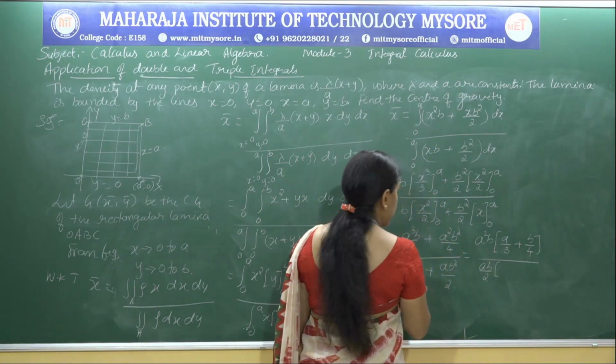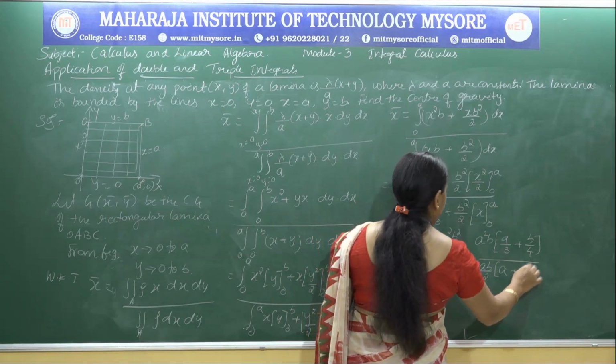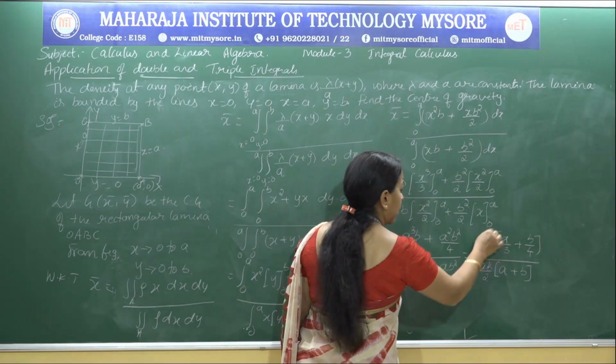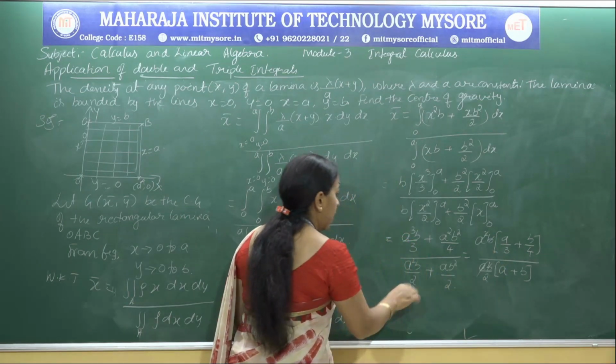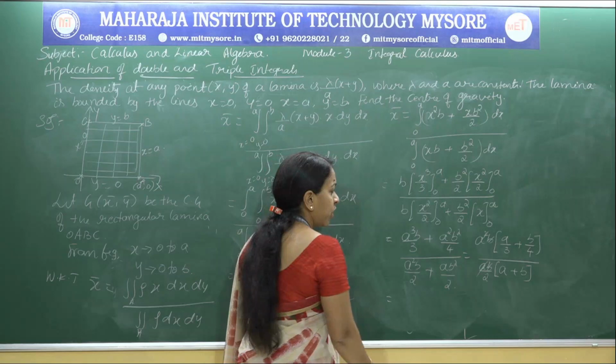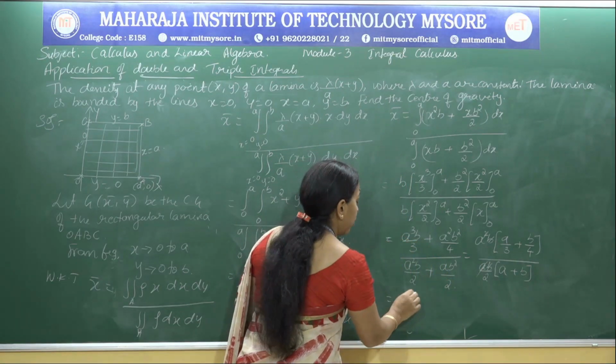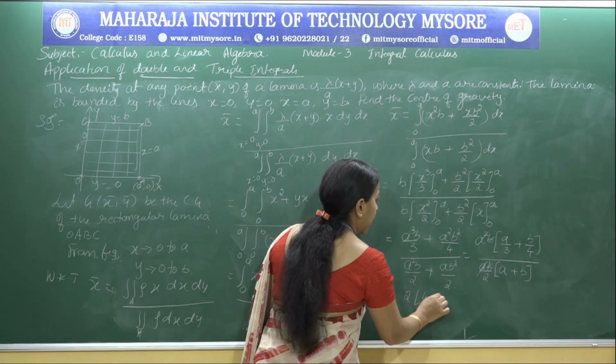So that we remain here with a plus b. Now, simplify that. I can cancel b and I can cancel a one time and that 2 goes to the numerator, and if I take the LCM between these two, we have 2 into 4a.